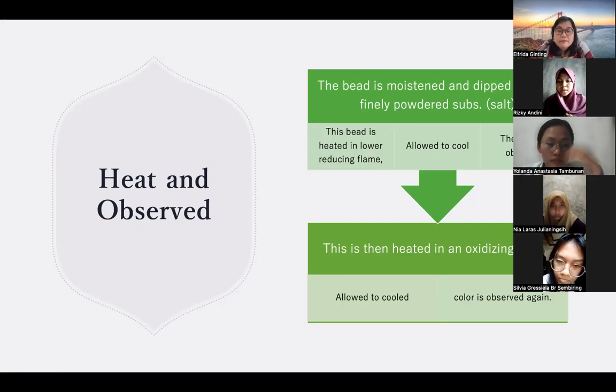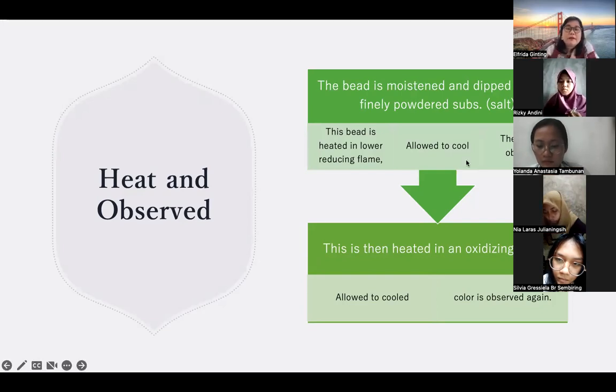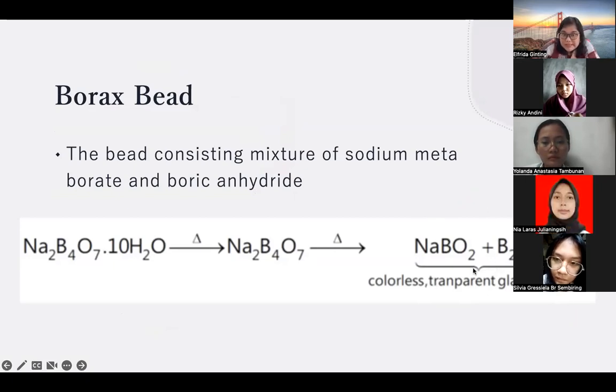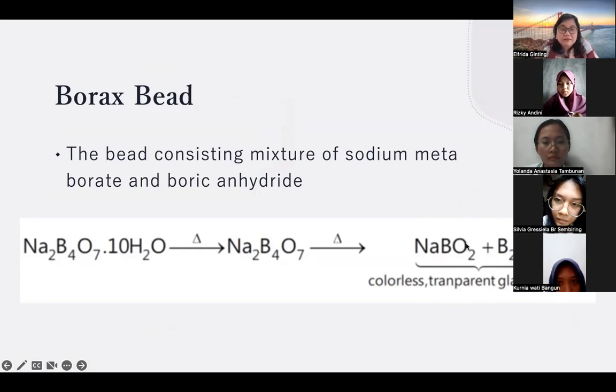Ma'am, I want to ask, usually what color is produced? It depends on the salt that you're testing. Remember, this one is only the preparation step. After you form a transparent glass-like bead, you dip this material into the salt that you want to analyze.